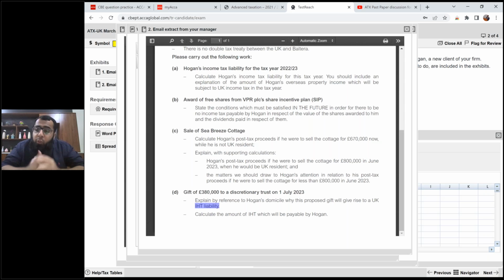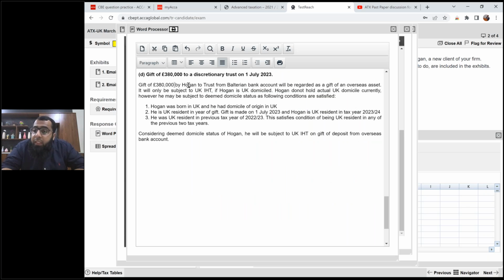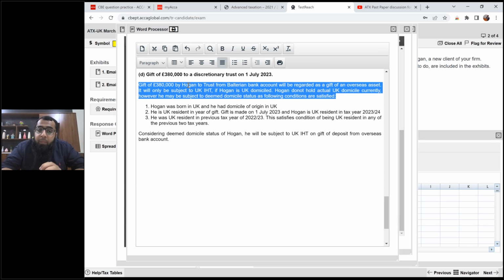Okay, with reference to domicile status, first explain why it will give rise to UK IHT. So we stated that gift of £380,000 by Hogan to trust from Baltinian bank account will be regarded as a gift of overseas asset. It will be subject to UK IHT if Hogan is UK domiciled.